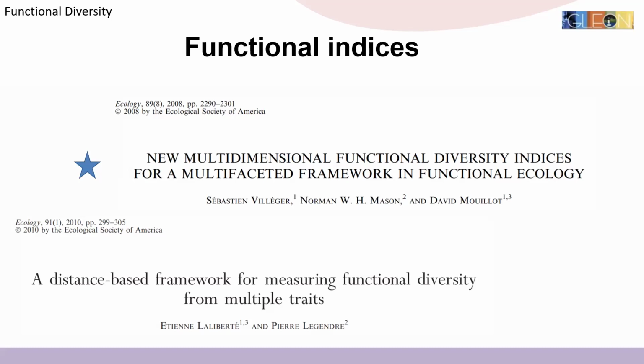So this is why I was saying to you that we are going to transform our trait composition into distance, because it's plotted in this multidimensional space, and it's calculated based on the volume occupied by species in this multidimensional space.